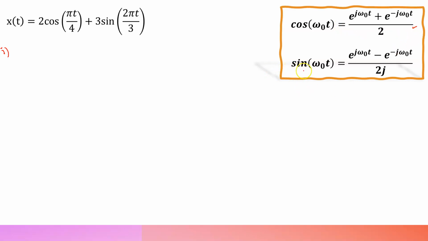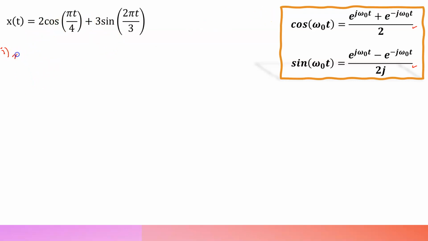If you have a sine signal, sin(ω0 t), it is equivalent to this form in the exponential complex. So now we have this signal. Let's represent this cos and sine function in terms of the complex exponential.